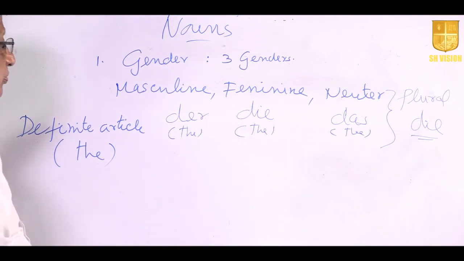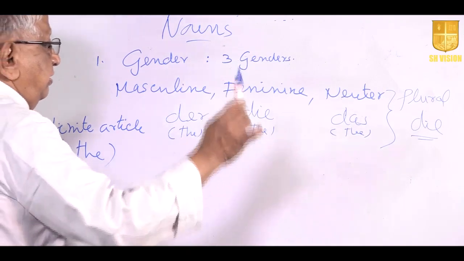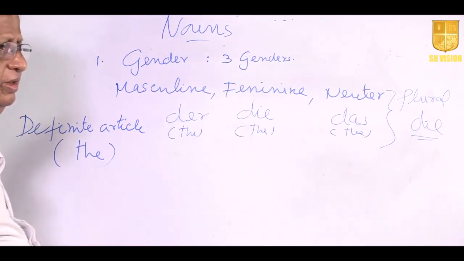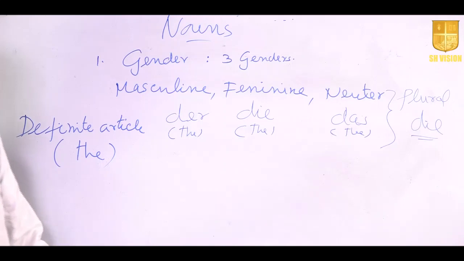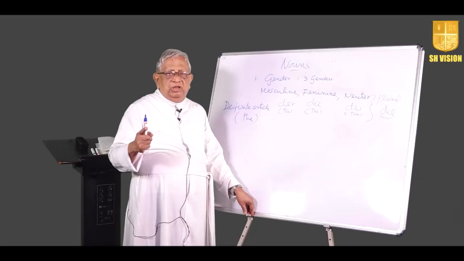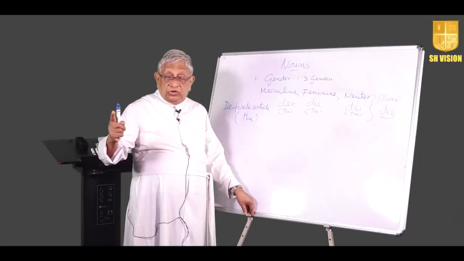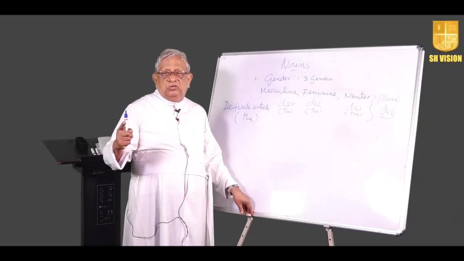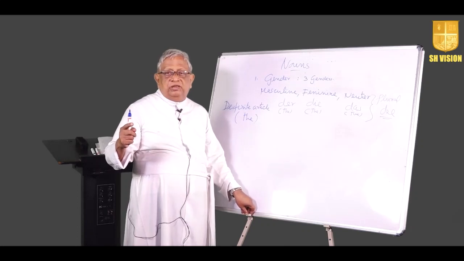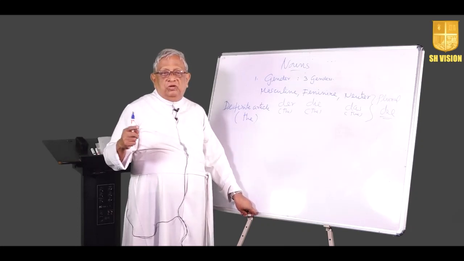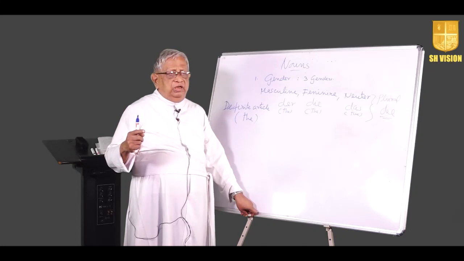But remember, in the nominative case they are declined. A noun you decline in the 4 cases. A verb you conjugate in tenses and moods. Cases are called vibhakti in Sanskrit and Malayalam.